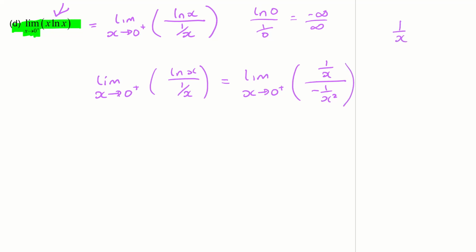So that's 1 over x times negative x squared, which is negative x. So it's the limit as x tends to 0 from above of negative x, and that is just going to be 0.